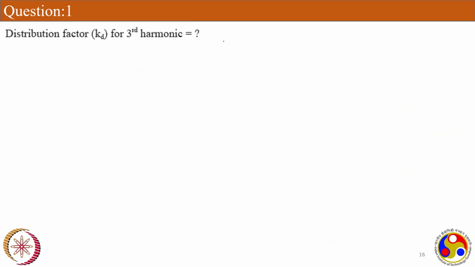The next one is the distribution factor, but for the third harmonic. From last week's discussion, we have derived the entire derivation for the distribution factor. That is sine m beta by 2 over m sine beta by 2.